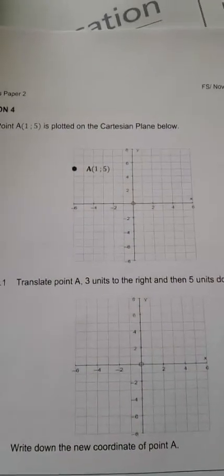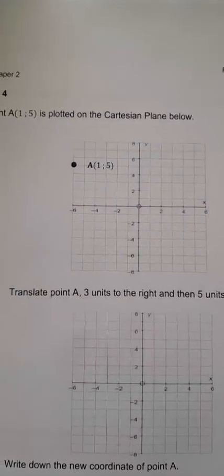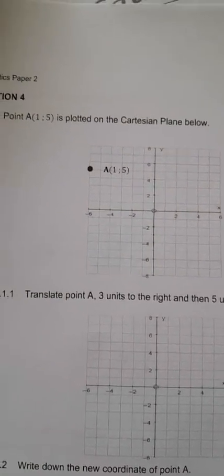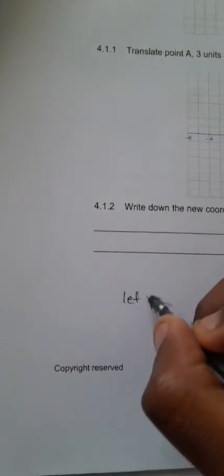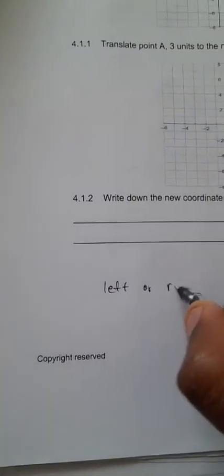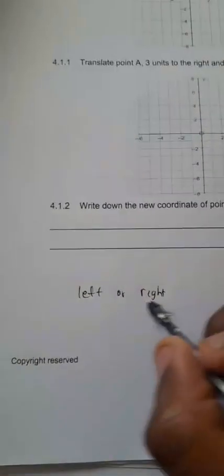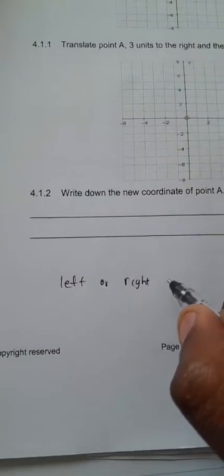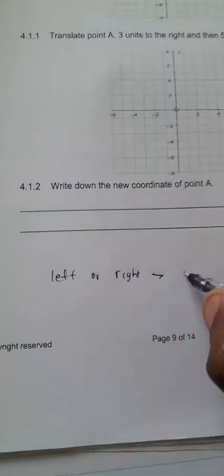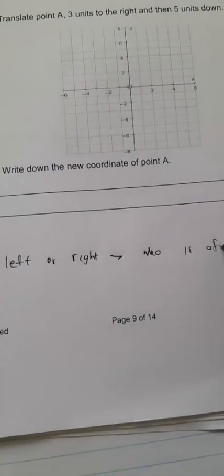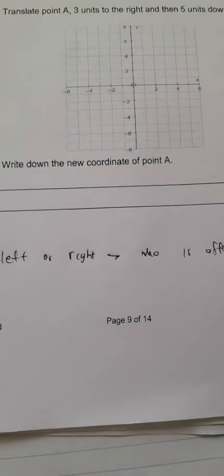Question 4. Now, transformation geometry, people, is something that you guys obviously should also know very well. Transformation geometry. I just want to say very quickly, whenever they say left or right, if we are talking about movement, left or right, who is this affecting? Is it affecting the X or the Y coordinate?